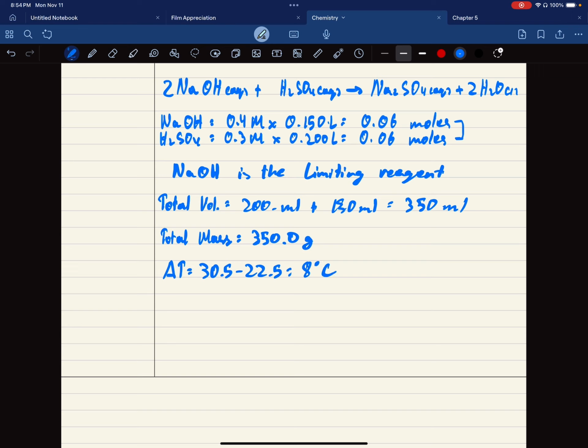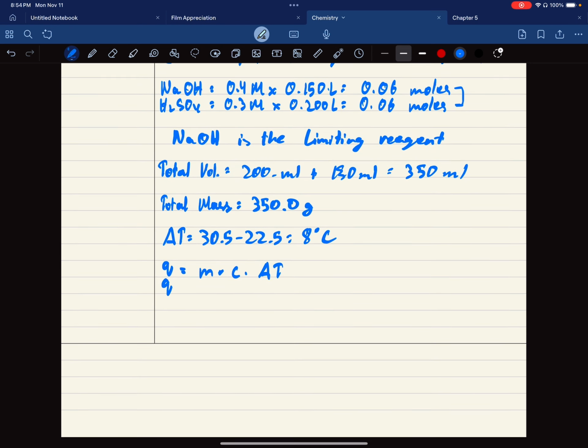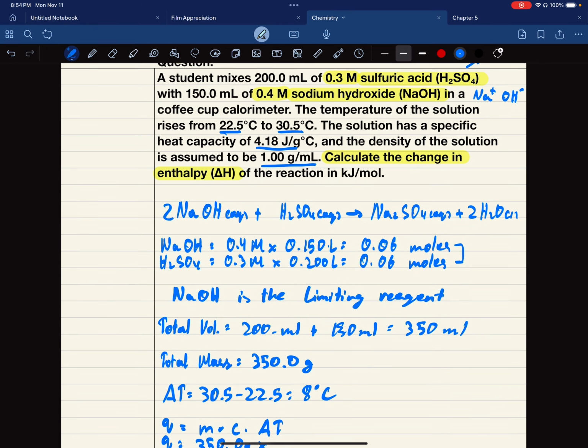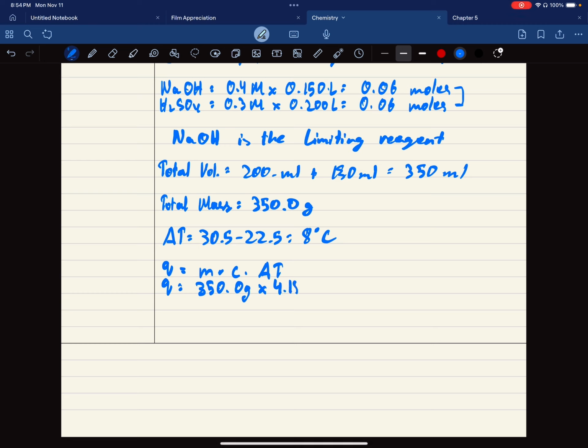That is our delta T. Now we're going to use this formula of mass multiplied by heat capacity multiplied by delta T, which is our Q. Q is going to be 350.0 grams multiplied by 4.18, which is already given in the question, 4.18 joules per gram centigrade, multiplied by 8 degrees centigrade, which is our delta T.